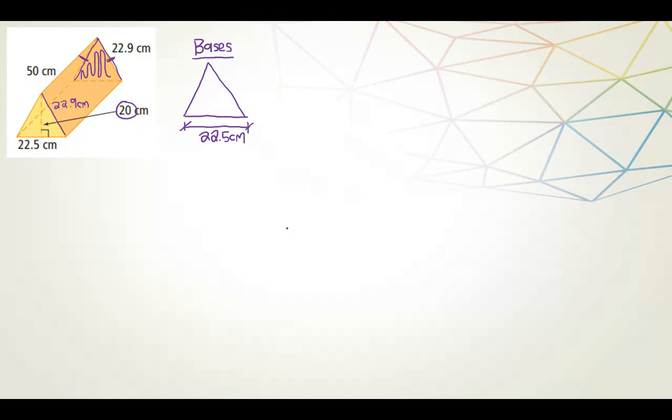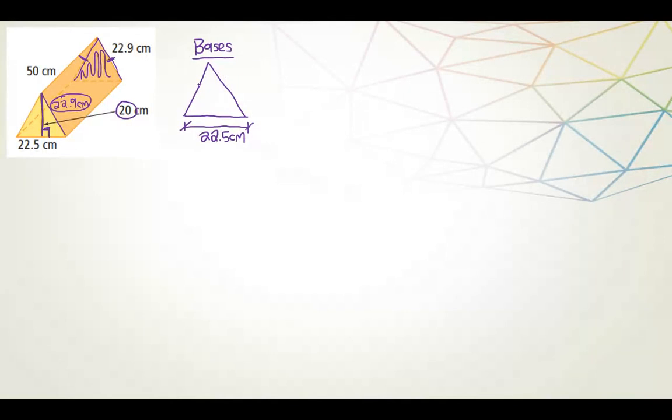When we're calculating the area of a triangle, it's length times the width that is perpendicular to the length. So I want this one. This is the height I want to use because it is perpendicular to the length. I do not want to use the 22.9 centimeter number to determine the area of the triangle. We can call that the slant height, but I do not want the slant height. I want the perpendicular height.